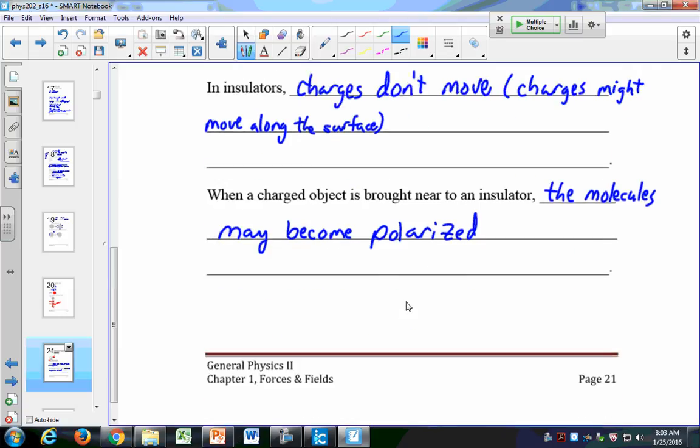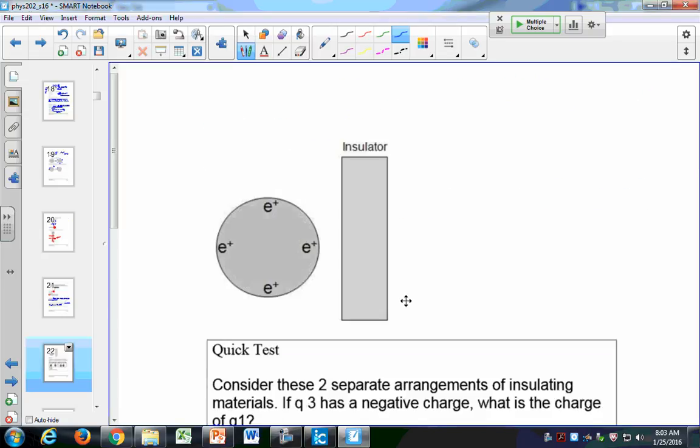Like this, let me show you. For example, if I have this charged object brought near to an insulator, I'll get a distribution of charge in the insulator.